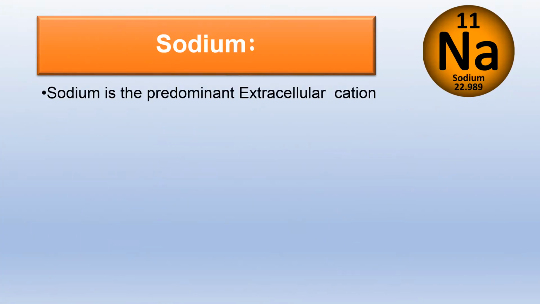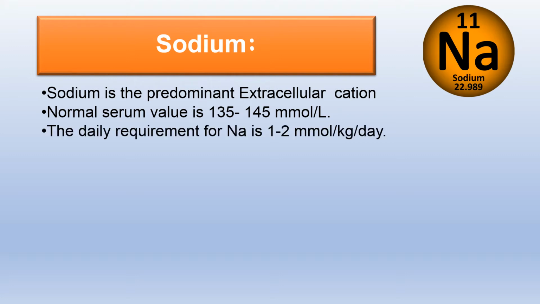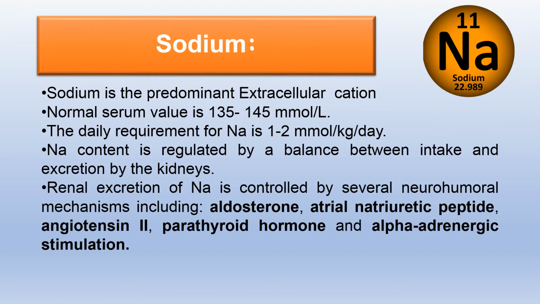Sodium. Sodium is the predominant extracellular cation. Normal serum value is between 135 to 145 millimole per liter. The daily requirement of sodium is 1 to 2 millimole per kilogram per day. Sodium content is regulated by a balance between intake and excretion by the kidneys.